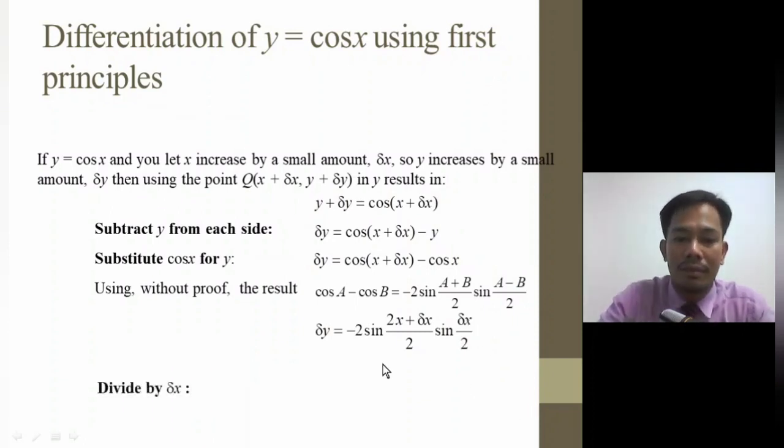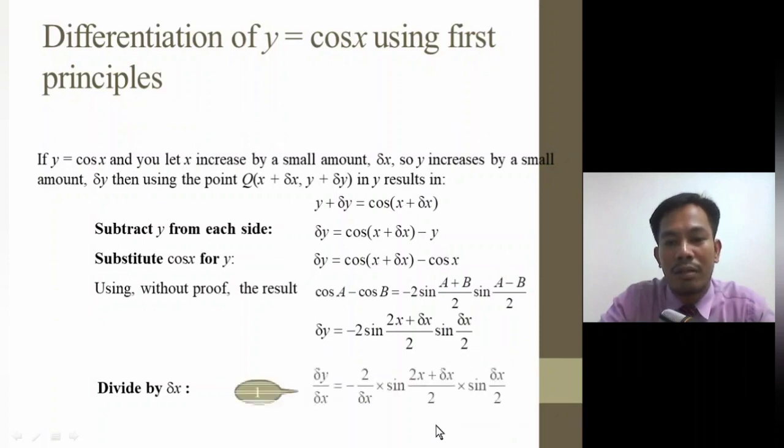Thus, if you divide the whole equation by increment of x, it will become negative 2 over increment of x times sine of (2x plus increment of x) over 2 times sine of increment of x divided by 2.